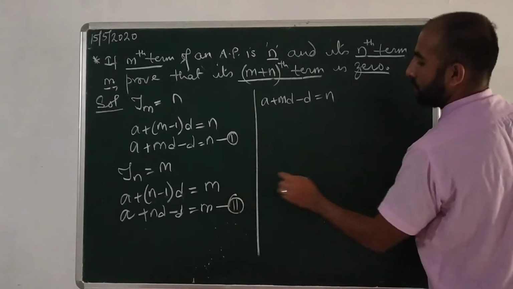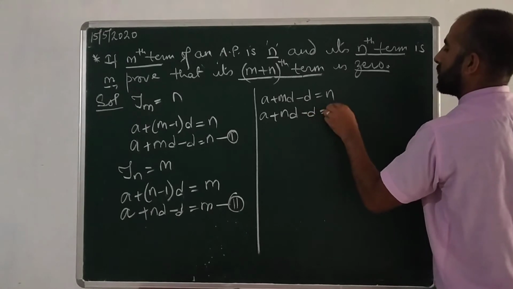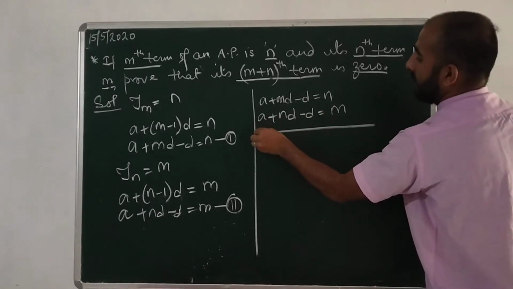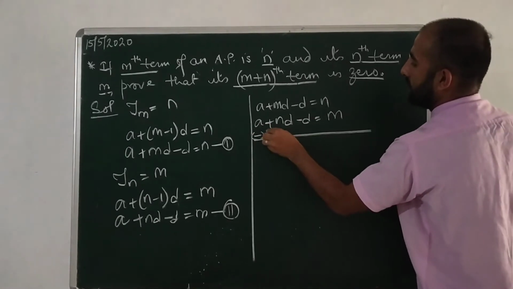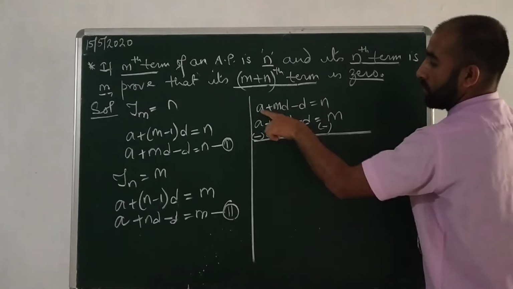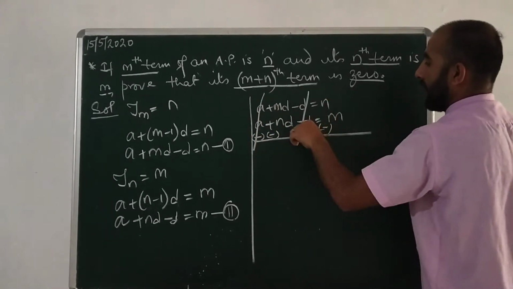I'll take equation 2: a plus nd minus d equals m. I'm going to subtract. Minus, plus, minus. So plus a minus a cancelled, minus d plus d cancelled.